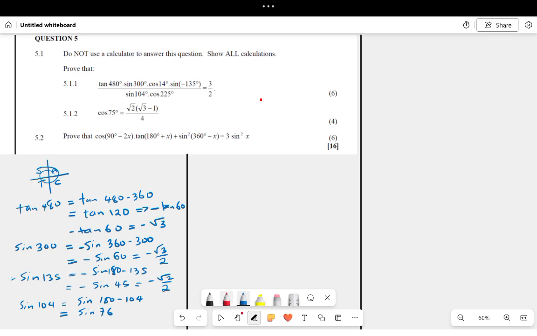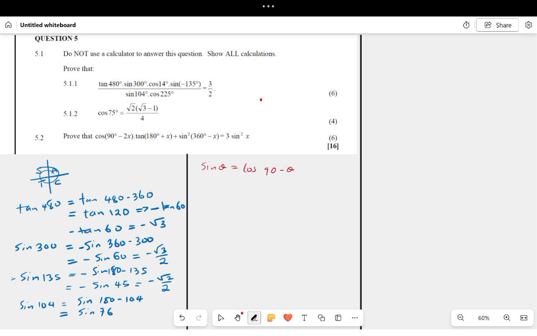Now we need to evaluate this one further. We need to remind ourselves of the following formula: sine theta is actually the same as cosine of 90 minus theta.